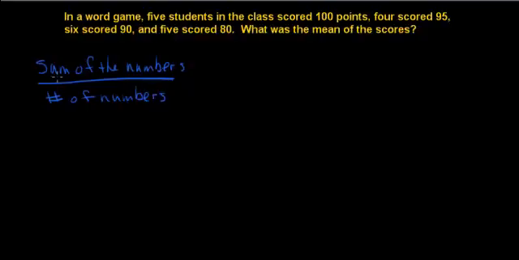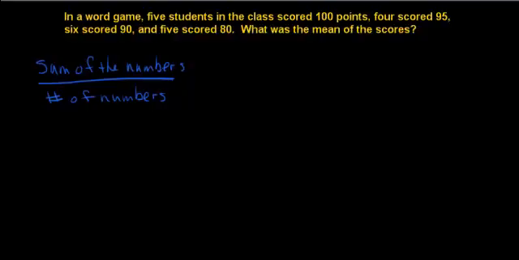So basically what this is saying is that whatever the sum of the numbers is, when we add them all up, total up everything we have in the problem, and divide that by how many of those numbers there were, when we solve that, that will give us the mean or the average, depending on whichever terminology we happen to be using for the problem.